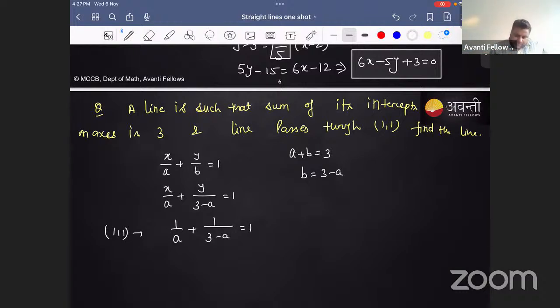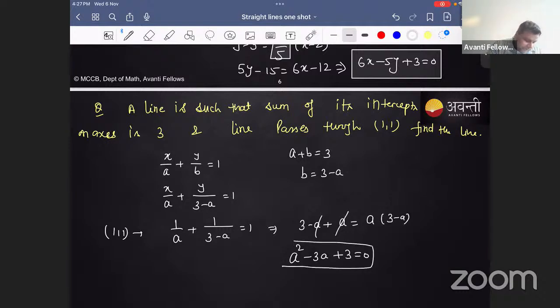Got it? So it will be 3 minus a plus a, which will be a into (3 minus a). A will cancel. So there will be a quadratic: a square minus 3a plus 3 equals 0. Now if you realize for this quadratic, what is D? D is negative, means no real root.